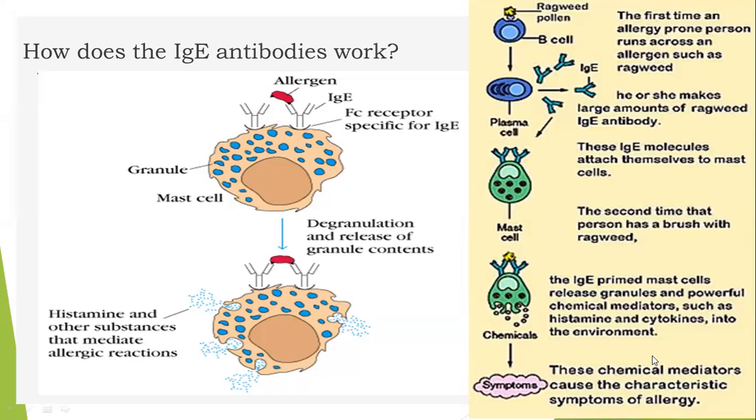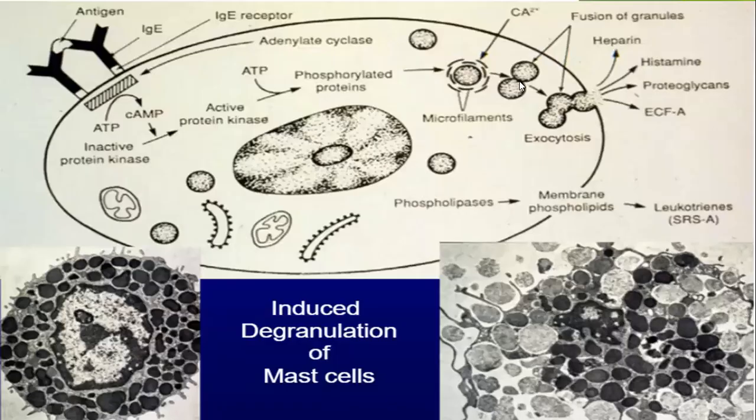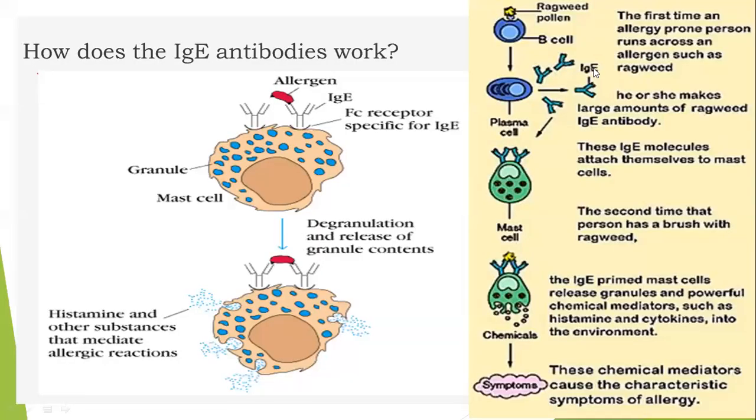And this is what now causes this array of symptoms, what we sometimes refer to as an allergic response. So that is basically how you have an allergic response. You've got pollen, first encounter with the B cell, which activates the B cell, and upon activating the B cell, we have immunoglobulin E being released, which then binds with specificity to the mast cell. And once the immunoglobulin E binds to the mast cell, we usually say that the mast cell is armed already.